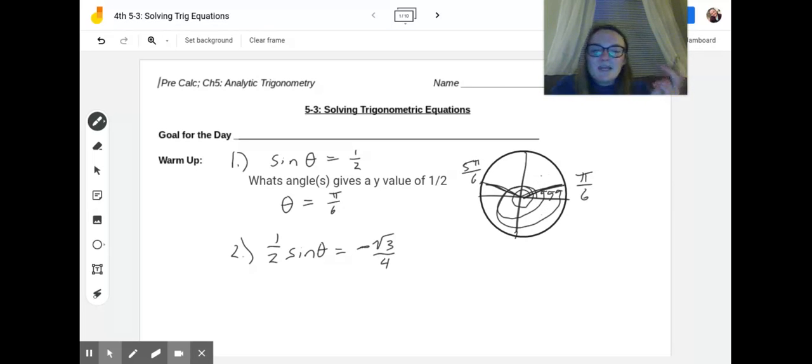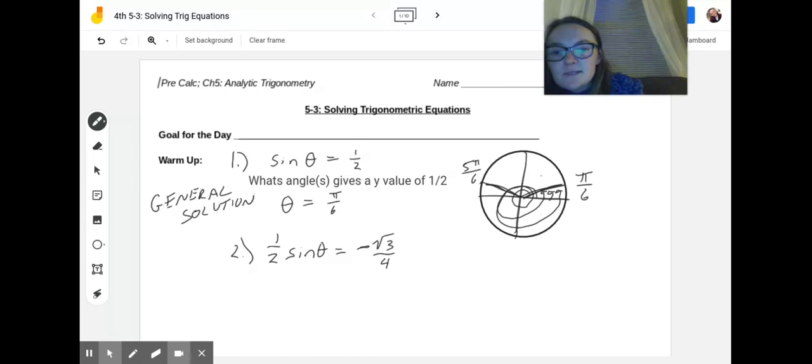And so the way that I can represent infinitely many solutions, what is called a generic or a general solution, is to write my answer, which is pi over 6, plus the period of my function. The period of sine, hopefully you remember, is 2 pi, times this letter n. And we say that n is an integer.